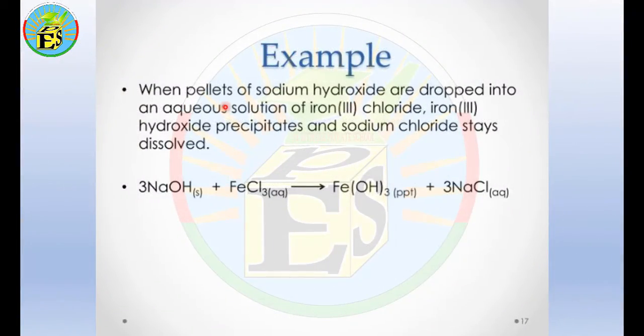Example: when pellets of sodium hydroxide are dropped into an aqueous solution of iron(III) chloride, iron(III) hydroxide precipitates and sodium chloride stays dissolved. It means 3NaOH, sodium hydroxide, plus iron chloride gives iron hydroxide and 3NaCl, sodium chloride.